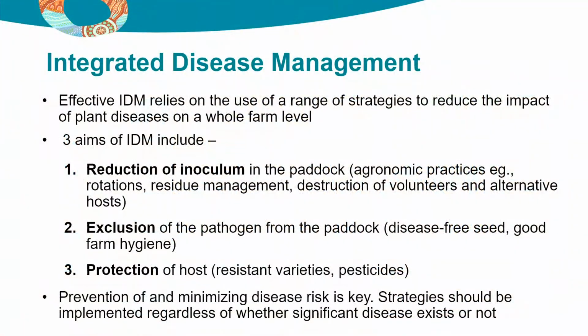The second is exclusion of the pathogen from the paddock. So that's really trying to use disease-free seed where you can and practicing good farm hygiene. And then thirdly, it comes down to protection of the host. So where you can plant resistant cultivars, varieties, and then use pesticides where possible.